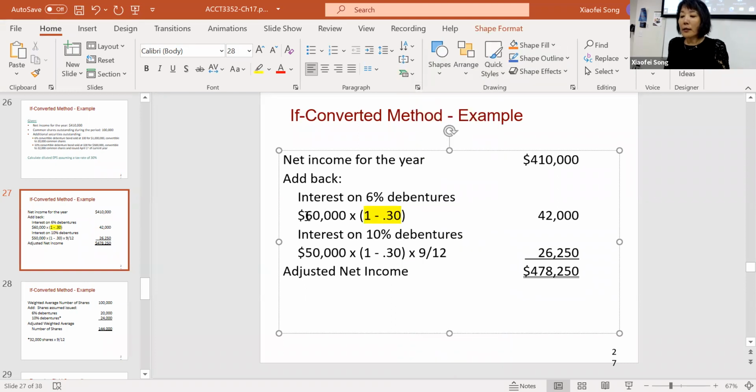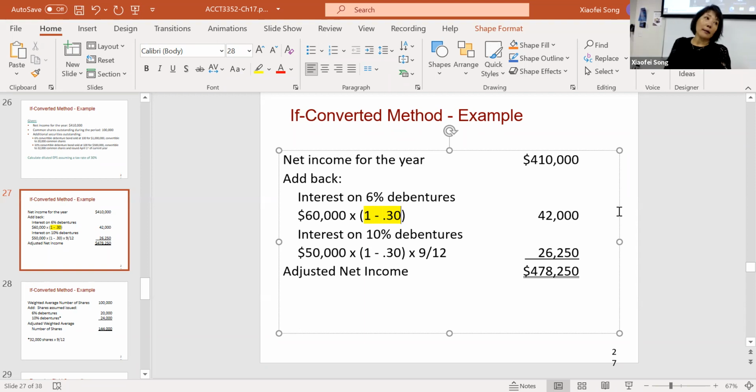If there is no interest, income before tax will increase by $60,000, but the income tax expense will increase too, by 30% of 60,000, which is 18,000. So the net impact on the earnings available to common shares should be 42,000. That's the saving of interest expense of 60,000, but there is additional 18,000 income tax on it.